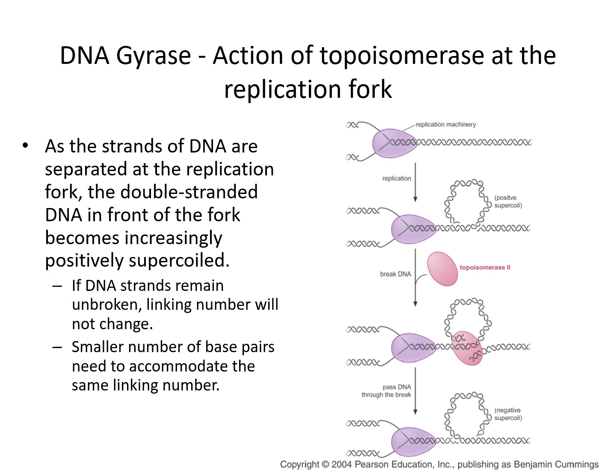When you open up the double helix, you introduce positive supercoil ahead of the replication fork. Therefore, you need a topoisomerase 2. As we discussed in chapter 1, topoisomerase II will cut both DNA strands and then move around so as to remove the positive supercoil.